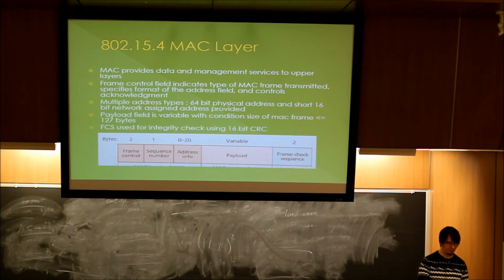So also on the MAC layer you have a frame check sequence. Normally it's 16-bit, but with the XBee modules you'll see it's 8-bit, but it's just a checksum type thing to make sure data is delivered successfully and uncorrupted.